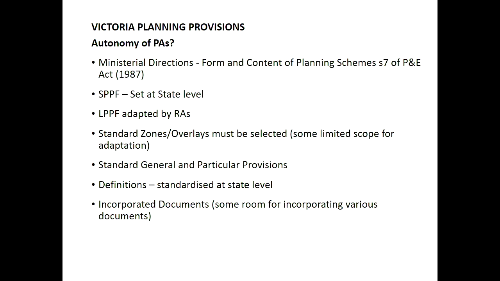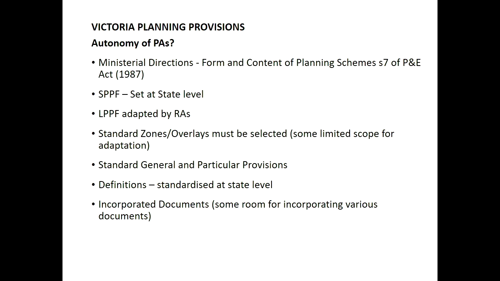So of course the Minister has this overarching ability to change the VPPs. It's not all powerful, but he or she can modify the VPPs, and they can issue ministerial directions. So if you looked at worksheet number 2, you would have understood that there are these directions that come down and they modify things about what we can do.